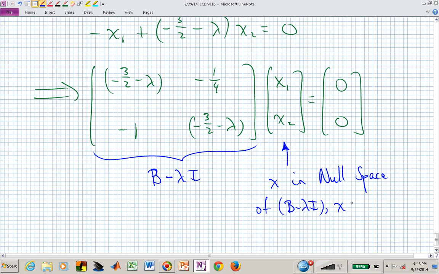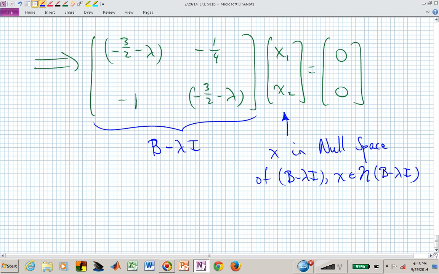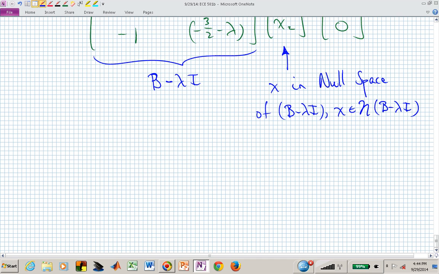Or we could say x is an element of the null space of B minus lambda I. But we now know two values of lambda that satisfied those equations, and let's now use those specific values of lambda to find the x's that satisfy this equation.